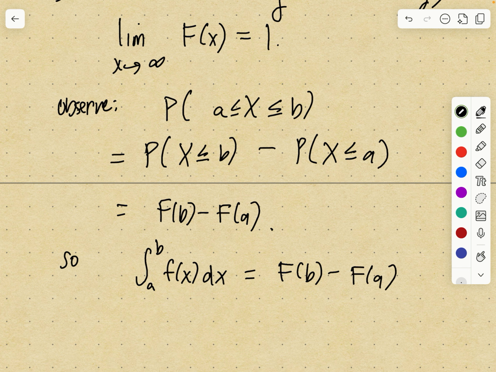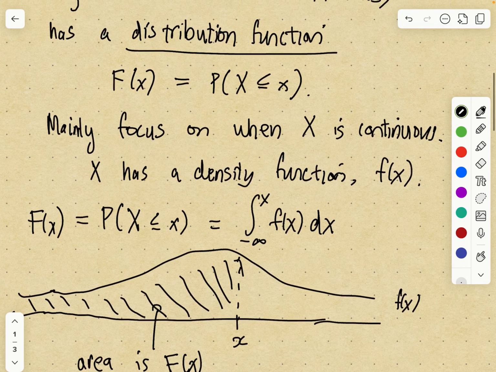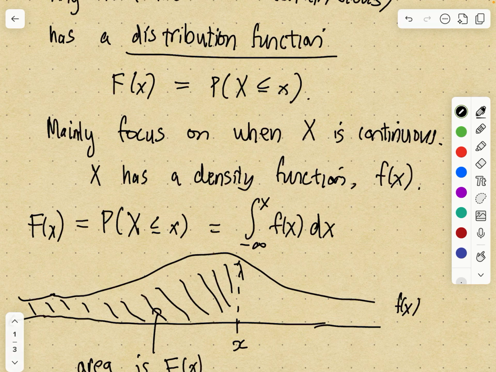And so we see that capital F is an antiderivative of little f. That's actually from the fundamental theorem of calculus, part one.